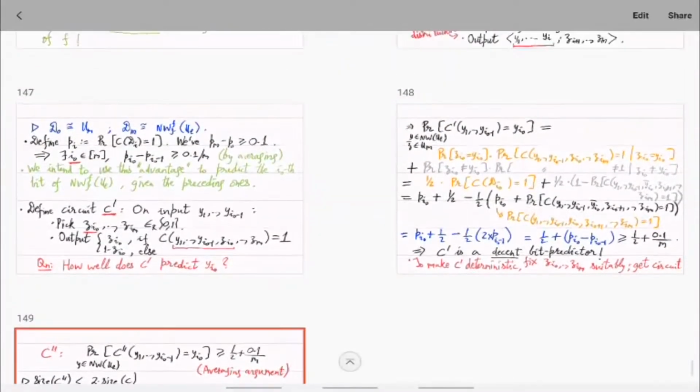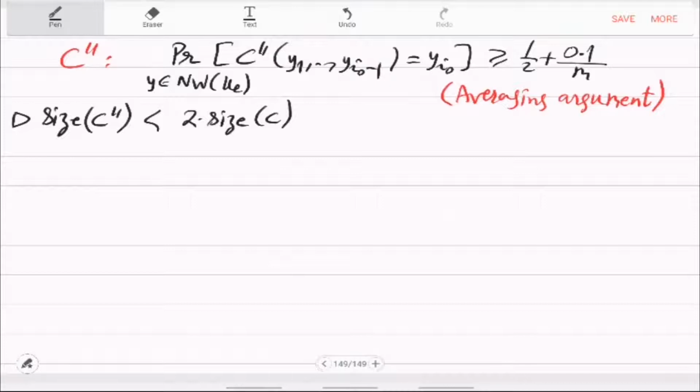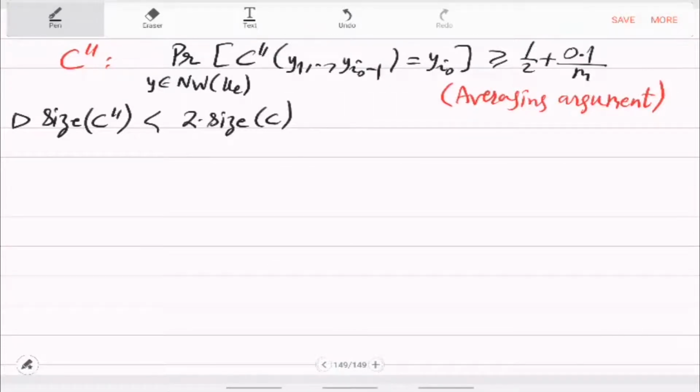Because it's basically just using C. It evaluates C and then either it will output Zi0 or the complement. So it is just an OR. So the size is at most twice that of size of C, kind of if then else, which is then less than equal to S over 5, because C was size S by 10.